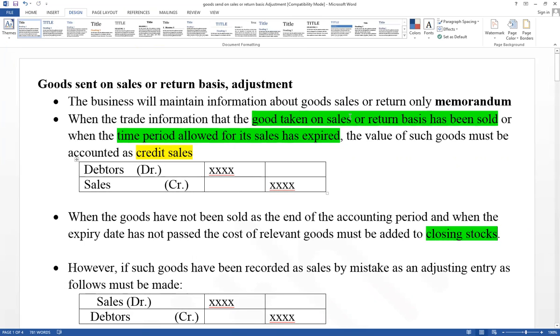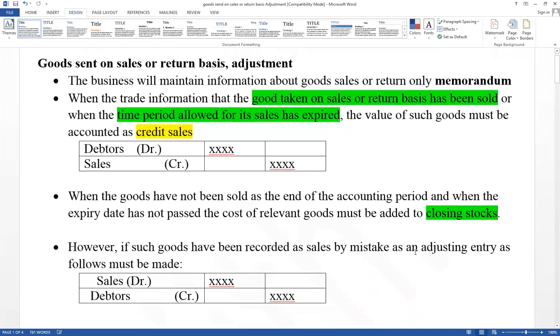If those are sold, it should be recorded as a credit sale at the selling price. If those are not sold, their cost value should be considered as closing inventory.